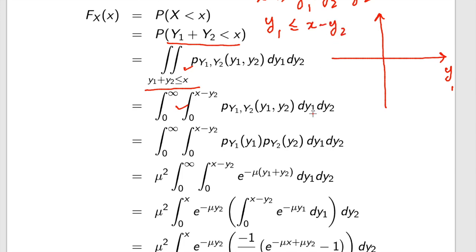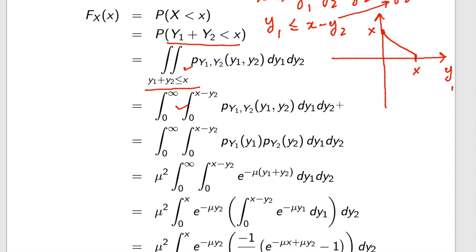Okay, so then this means that, let's say this is my x here. Then I have to go like this. So this is my x here as well, because this one I can also say Y2 is less than x minus Y1. That's also the same thing. So then this is x here, this is x here.